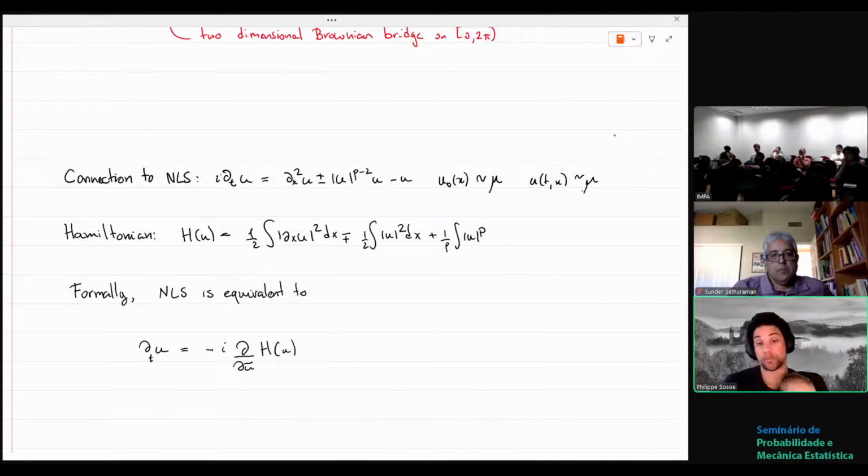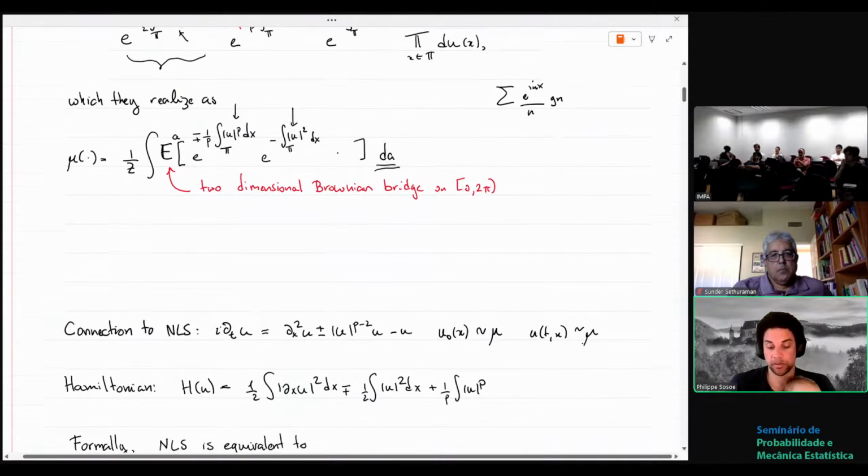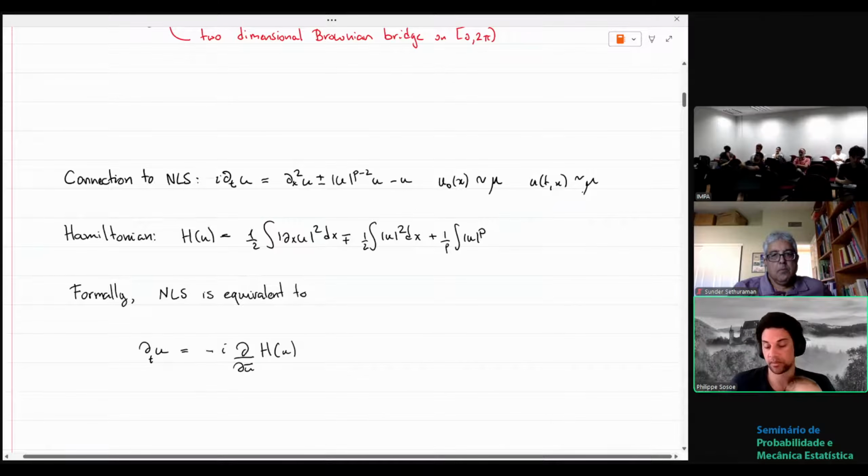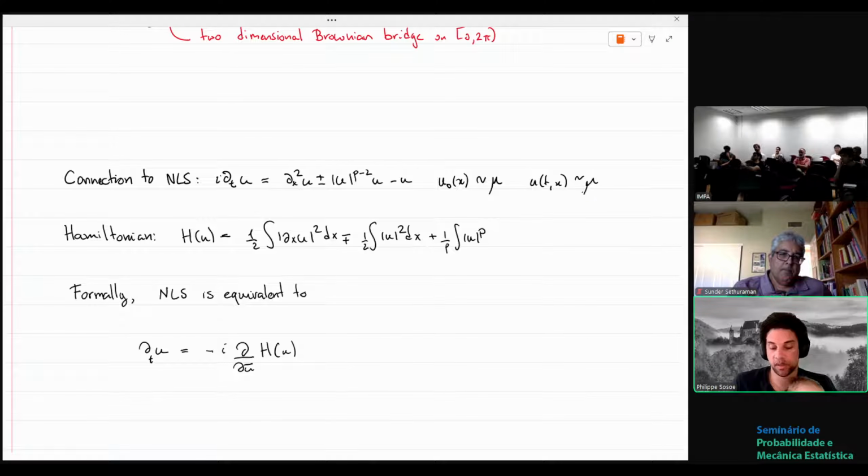So why did they expect that it would be invariant? Why did they expect that if we sample from this measure up here and we run the nonlinear Schrodinger equation, we get again something that is distributed at all later times as this distorted Brownian motion? The reason, as I said, is because you can think of the nonlinear Schrodinger equation as a Hamiltonian equation. You can think of it as being generated by starting from this function H here, which is very closely related to the function we had in the measure. Basically, the measure we were looking at is a Gibbs measure with this Gibbs weight.